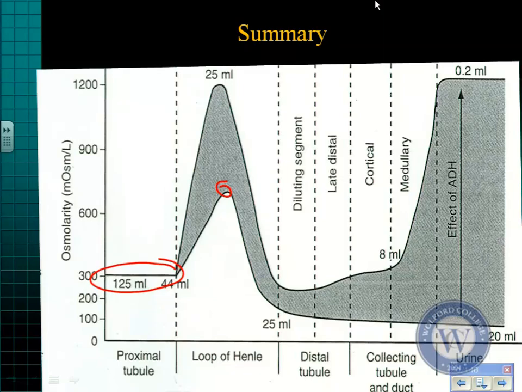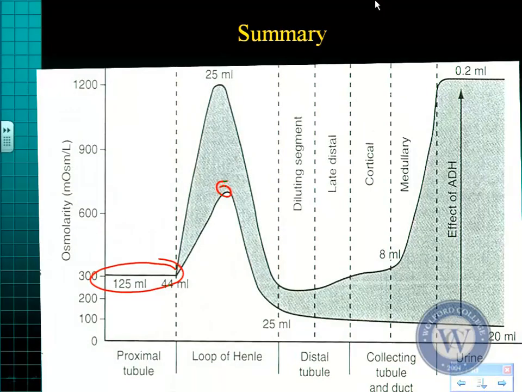Then you see the diluting segment. It comes down to almost the same level. Look at the difference in the first portion of the distal tubule. There's not that much difference. But when you get into the late distal, the cortical, and the medullary collecting system, that's where ADH really kicks in.